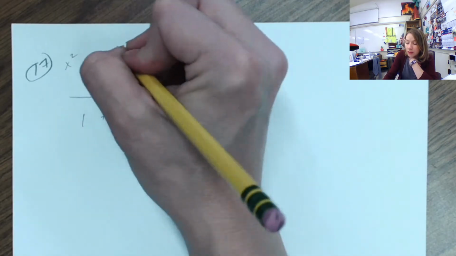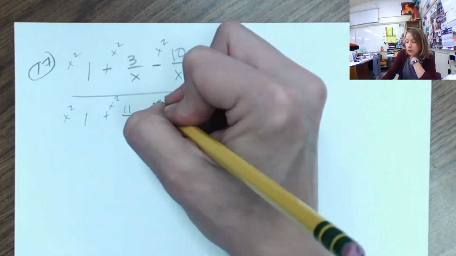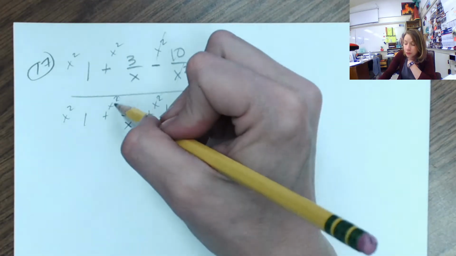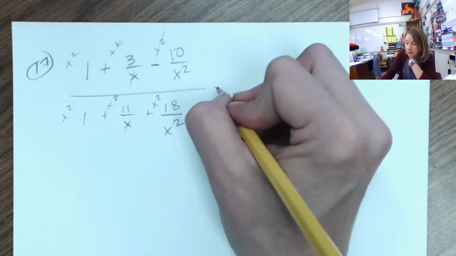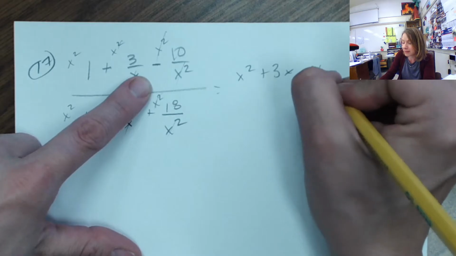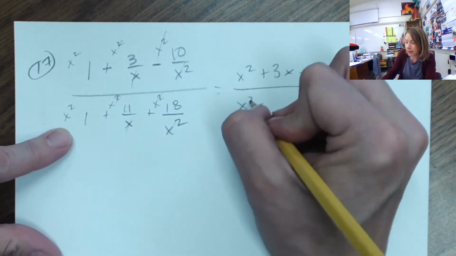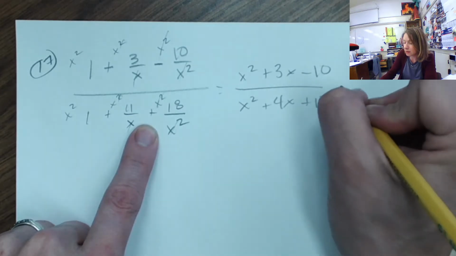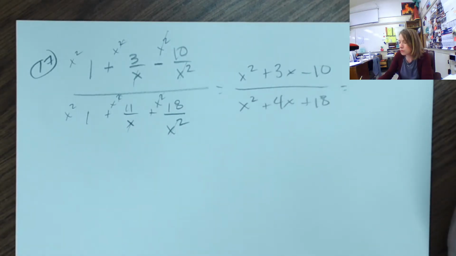So x squared, x squared, x squared. You'll notice even in my worked out answers that I write those in there so that I can see what's going to cancel, right? I'm going to have an x squared plus 3x minus 10 all over an x squared plus 4x plus 18, and I believe yeah, they work.